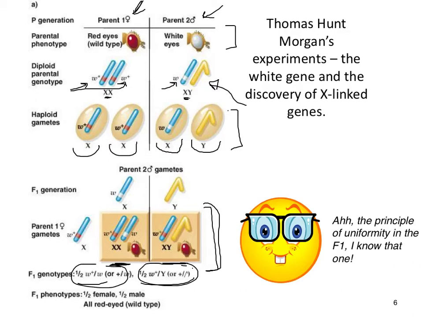And the phenotypes are half female, half male, and all of them are red-eyed. And so the fact that they were all red-eyed is something that, in Morgan's lab, they would look at and think, oh, well, the F1 are uniform with regard to eye pigment. So that's the principle of uniformity in the F1. That's something that's very common in Mendelian genetics. But let's think about what happened next.